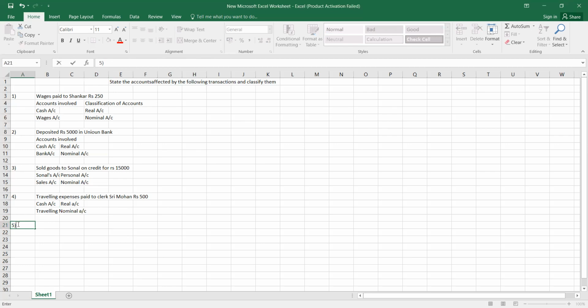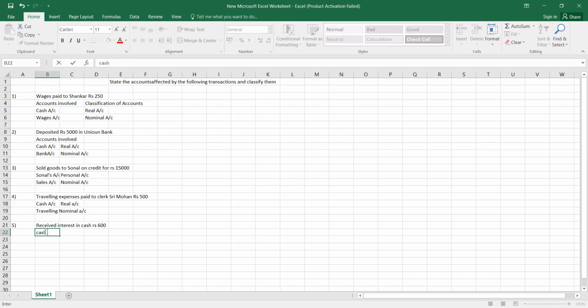cash account. Received interest in cash rupees 600. You have received cash here. So when you receive cash, the deal is closed. There's no other interest that you need to claim in future. You have received interest in cash.